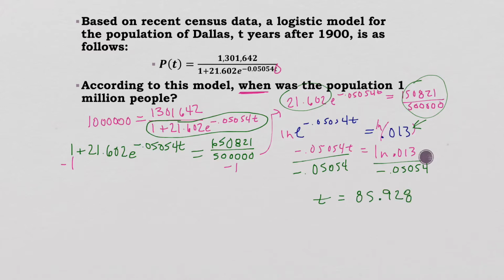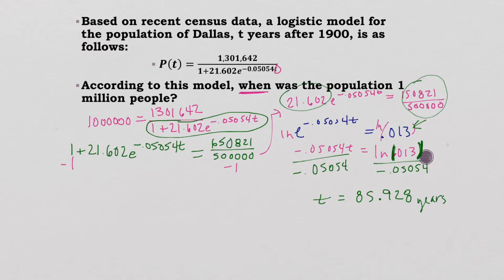And I get 85.928. Remember, when you're typing this in, your calculator is going to insert a parenthesis right here, so you need to close that parenthesis before you do your divide sign. Okay. Now this is 85.928 years.